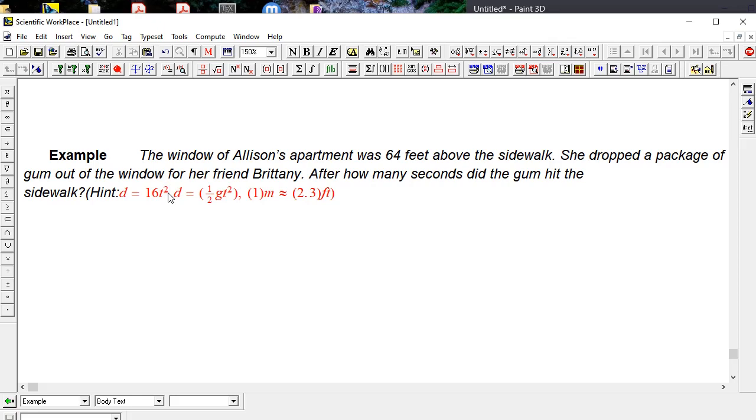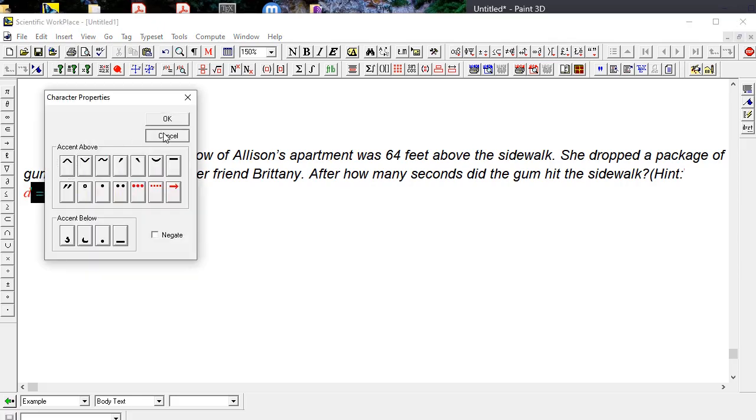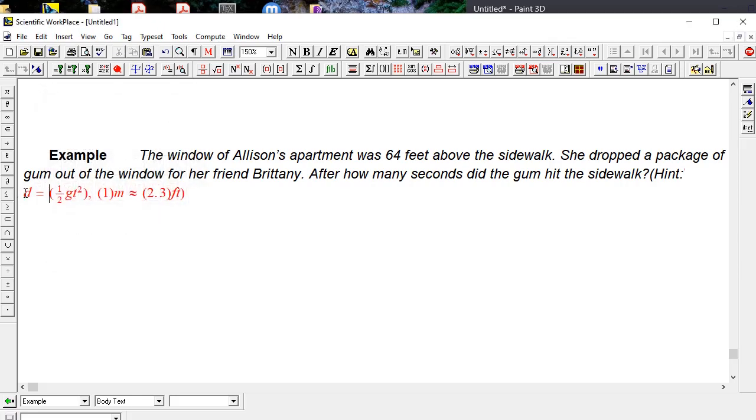But here, I don't like this form of the formula. I want you to use the physics fact which we already discussed in the physics lectures. From the kinematic equation, the distance is equal to half of g t squared, where g is the gravity and t is the time.